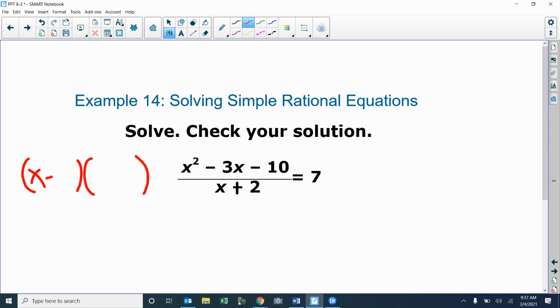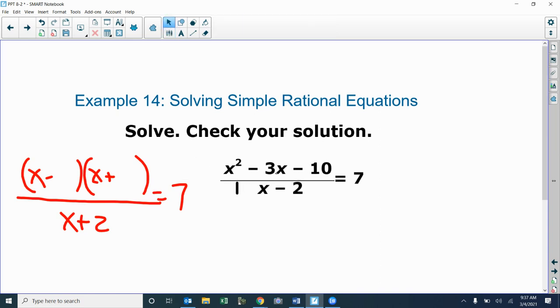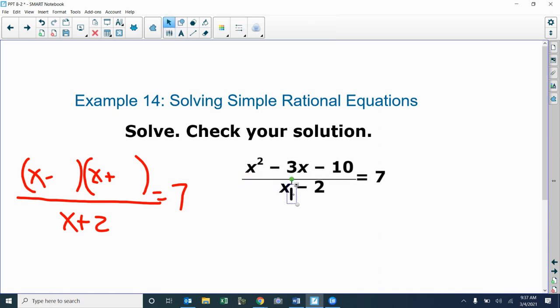Minus tells me one's minus, one's plus. Factors of 10. I think this is going to be 5. Would you agree? And that's going to be 2.